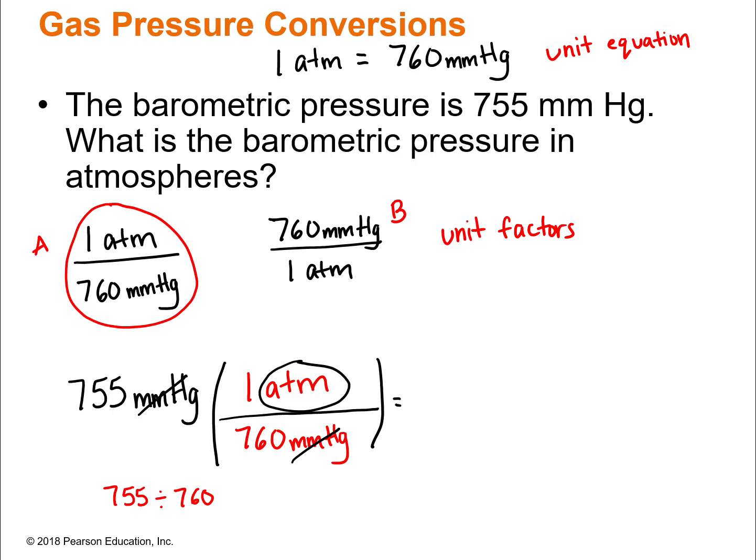How many significant figures should we have in our answer? Yes, we should have 3 sig figs in our answer. And that's our final answer, 0.993 atmospheres.